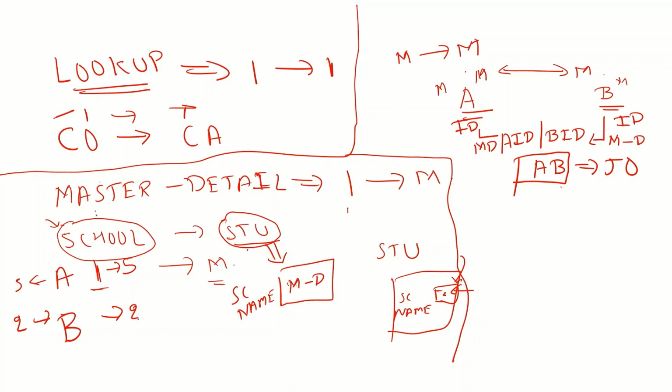There is no issue in that. In a many to many relationship, the fields will be auto populated in the junction object accordingly. If you create an A object and a B object, then both the IDs will be created in the junction object respectively. So that's all for the relationships in Salesforce.